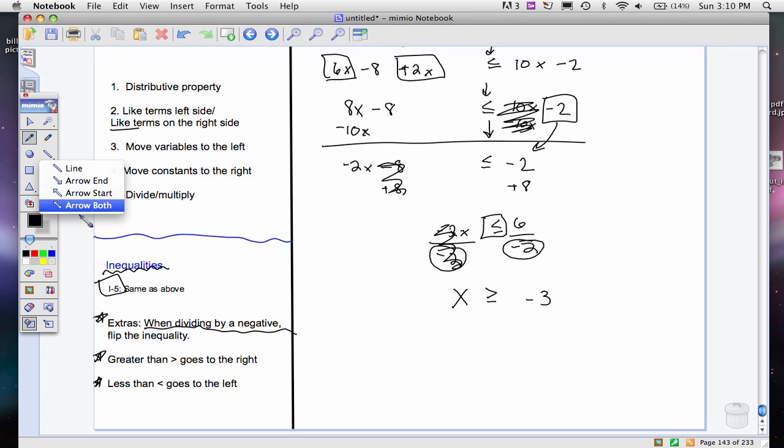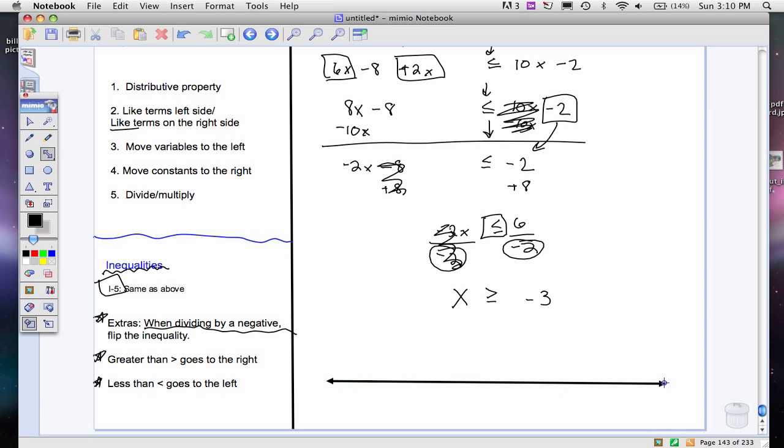Now, when you're dealing with these problems, we have to plot them on a number line. So I'm going to make a little number line here, and I'm going to start with 0 and go 1, 2, 3, 4, and also on the other side, negative 1, negative 2, negative 3, negative 4. Now, here's the thing. If you have just a regular inequality without the line underneath, it's going to be an open circle.